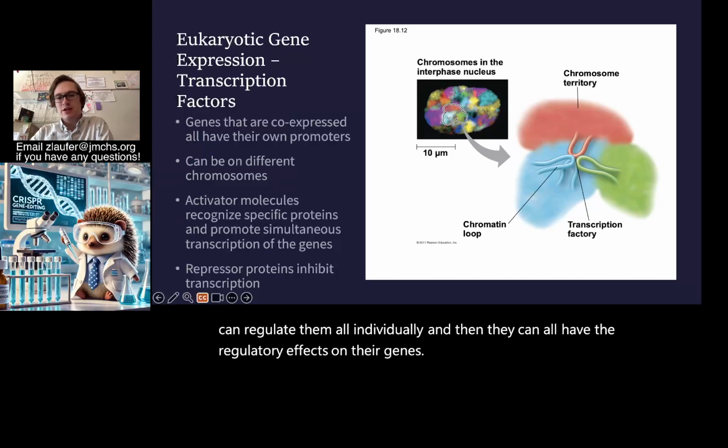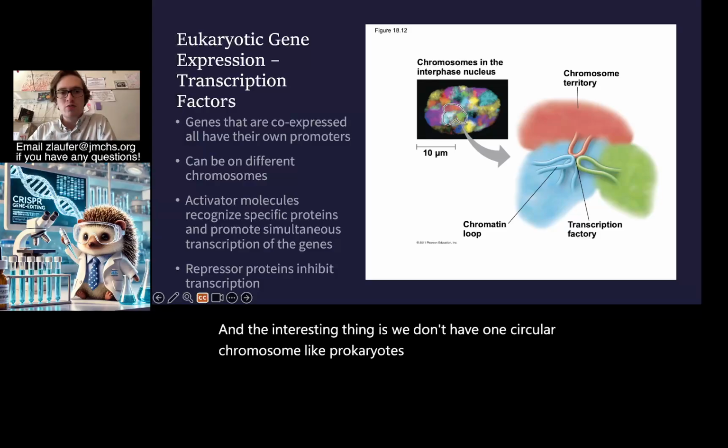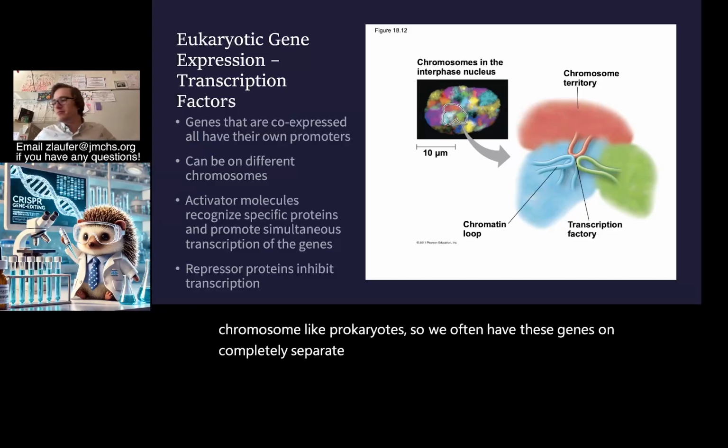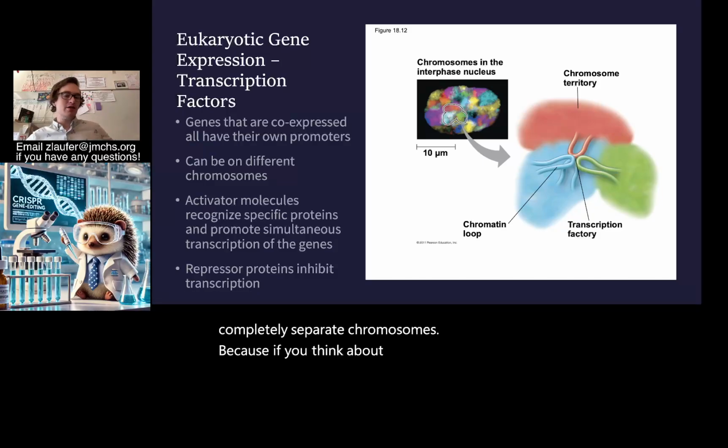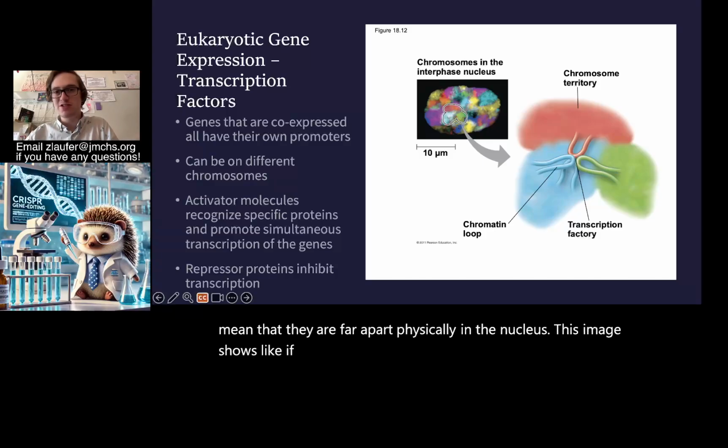And the interesting thing is we don't have one circular chromosome like prokaryotes, so we often have these genes on completely separate chromosomes. But if you think about it, 2 genes being on separate chromosomes doesn't necessarily mean that they are far apart physically in the nucleus. This image shows if you gave each chromosome a color, where each of the 23 is.